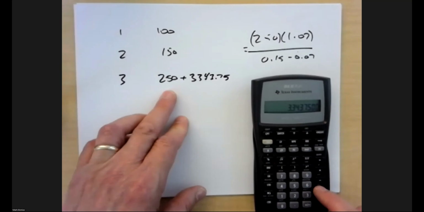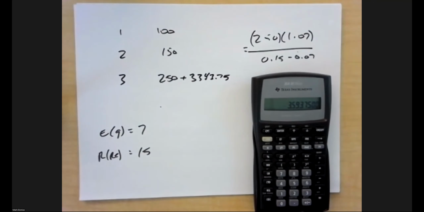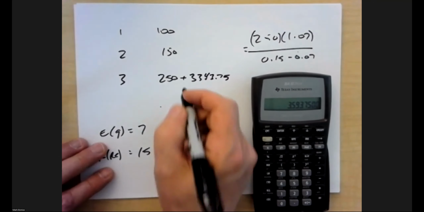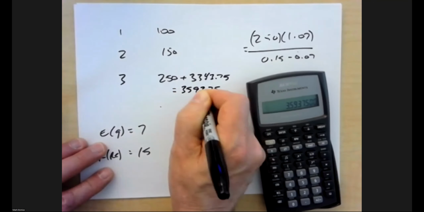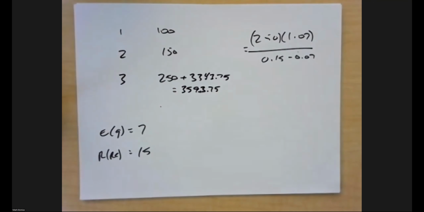So I got to add that to the 250, right? So that gives me 3593.75. So Maddie, what do I do now? So I've got these future values, right? And I want to know what the business is worth.